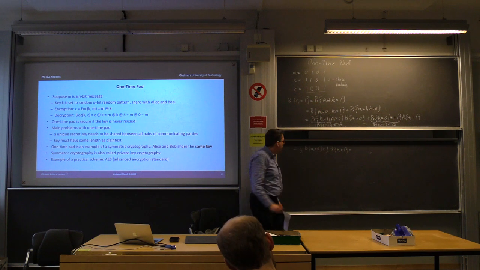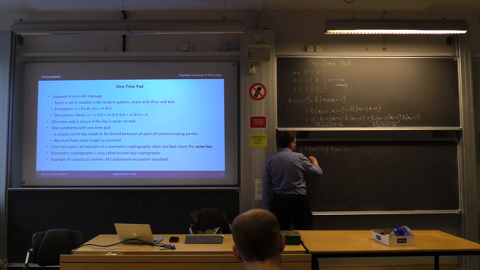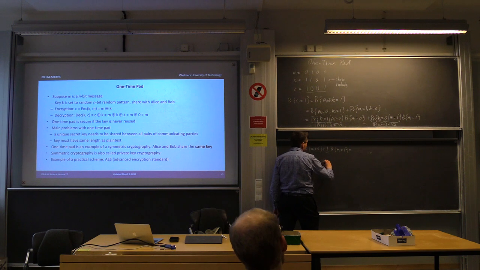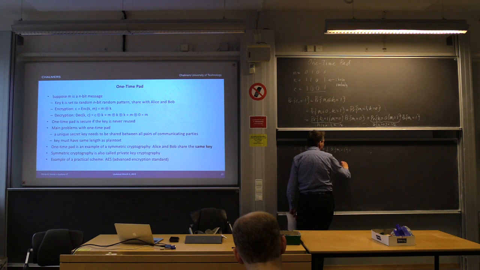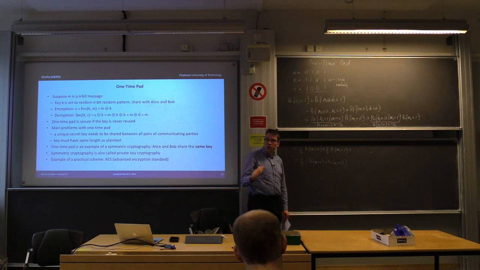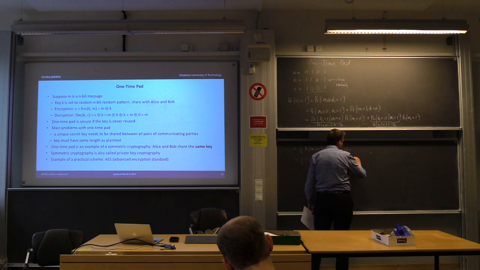One half, exactly. Because we can write this as 1/2 times the probability that M1 is equal to 0 plus the probability that M1 is equal to 1, and the probability that it's either of the two possibilities is 1, so this is simply 1/2. Okay.